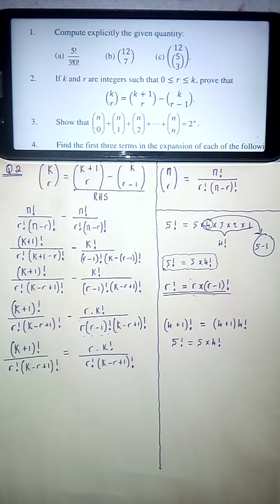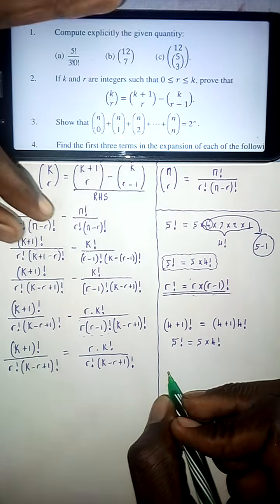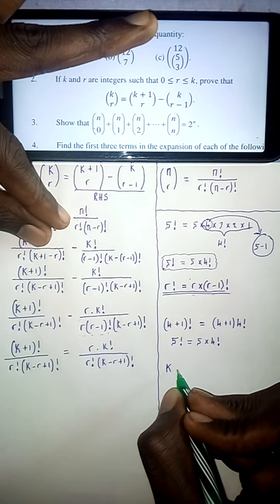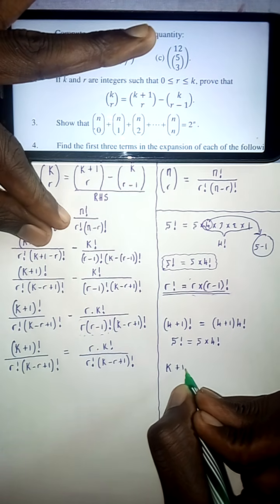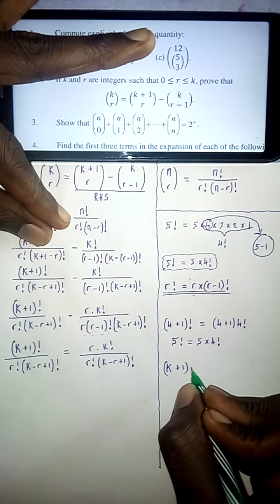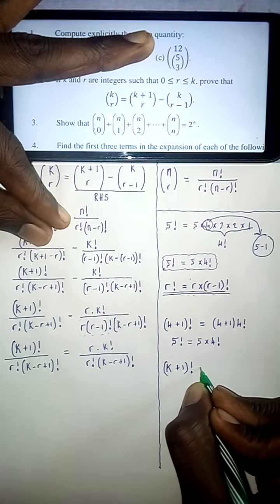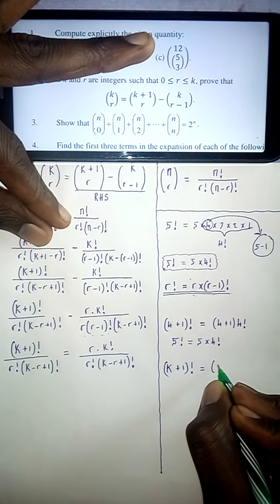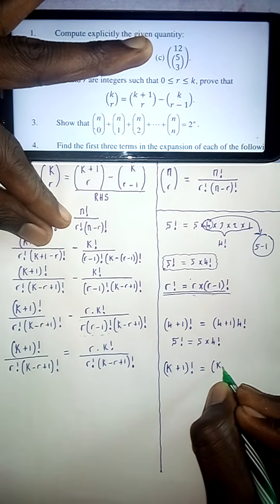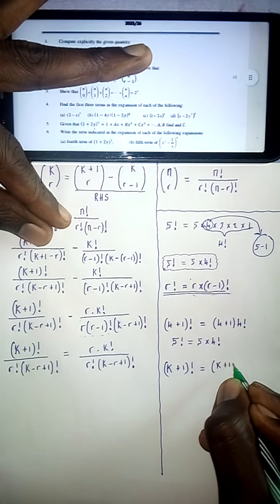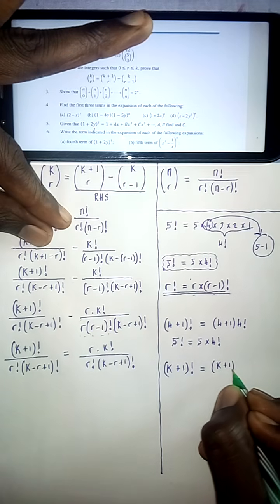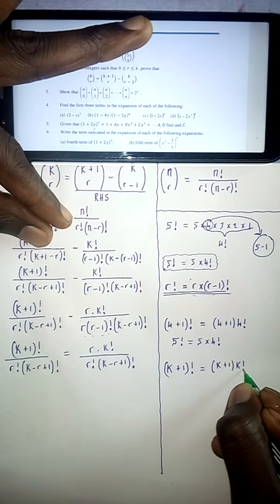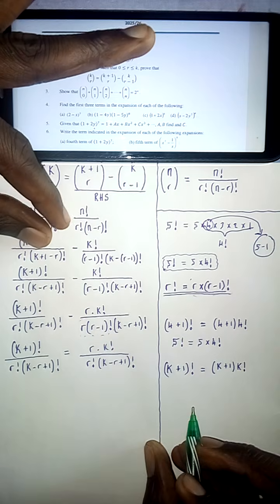If this is correct, you also have to agree that if we have, let's say, k plus 1 factorial, we can also write it as k plus 1 multiplied by k factorial.